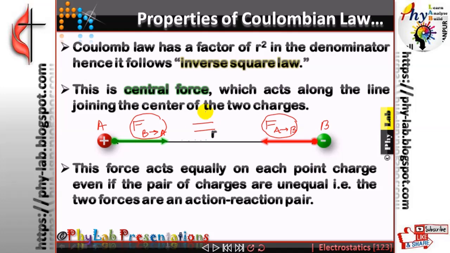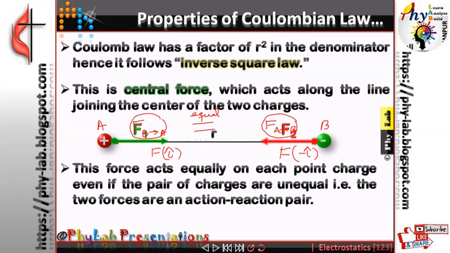They are equal in magnitude, but in direction, this force acts along the positive x-axis, so I'm putting F i cap, whereas this force acts opposite, along the negative x-axis, so I would put minus F i cap. So both the forces are equal in magnitude, but they are oppositely directed.